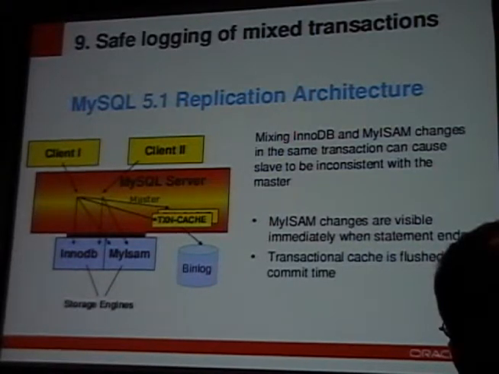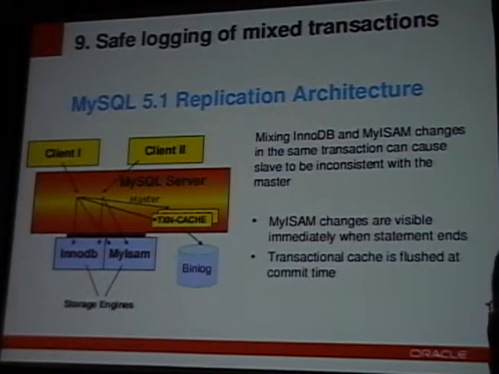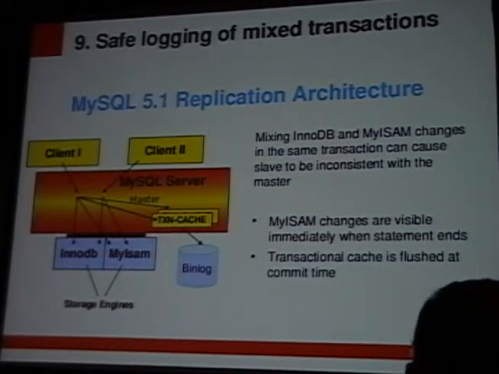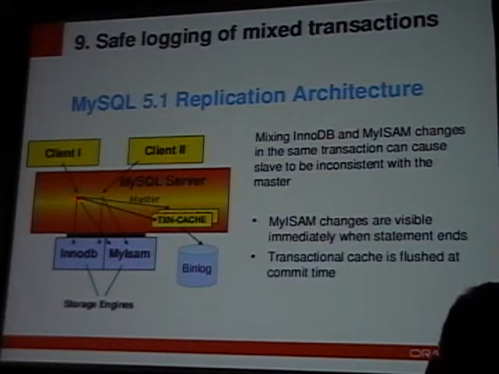Safe logging of mixed transactions. This required a bit of refactoring of the code. So how it worked before is that you get different clients doing transactions, and they can start two transactions in parallel. While they are executing, we store them in something we call a transaction cache.